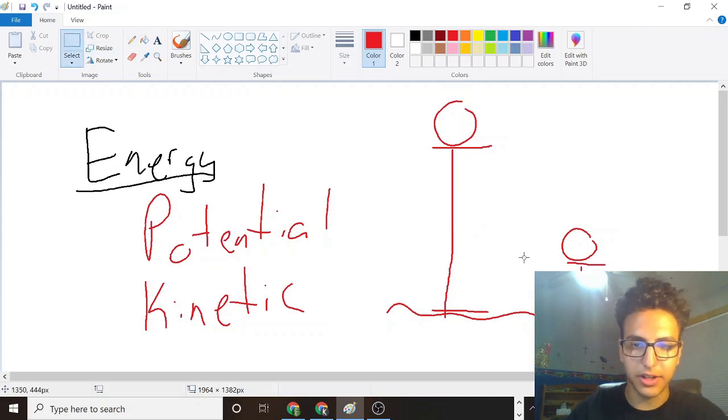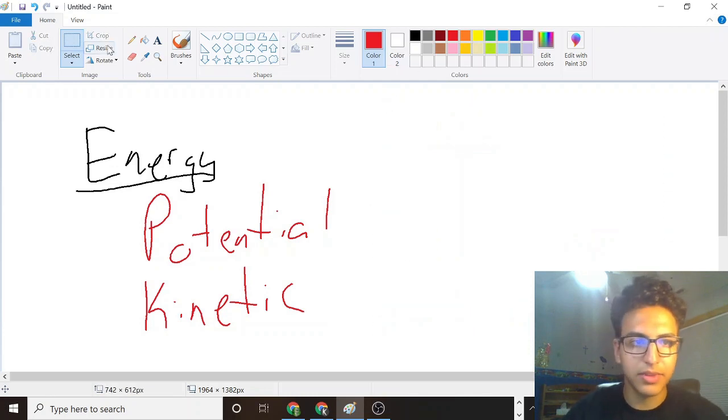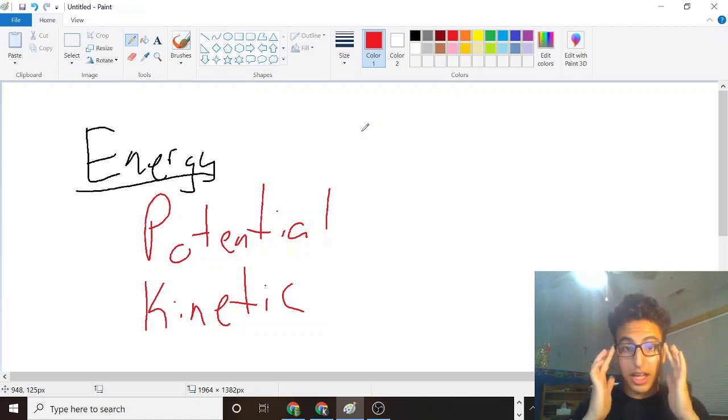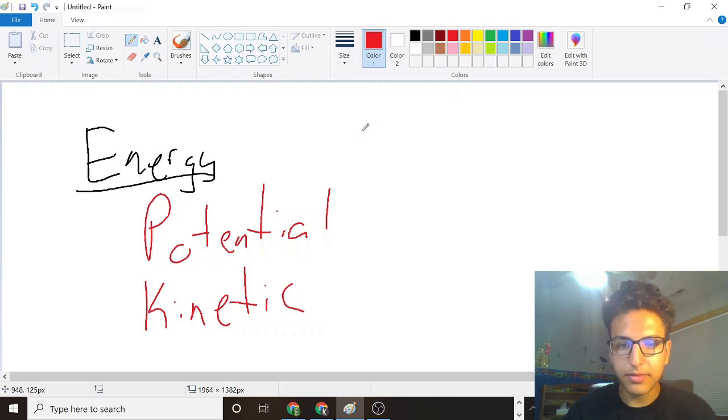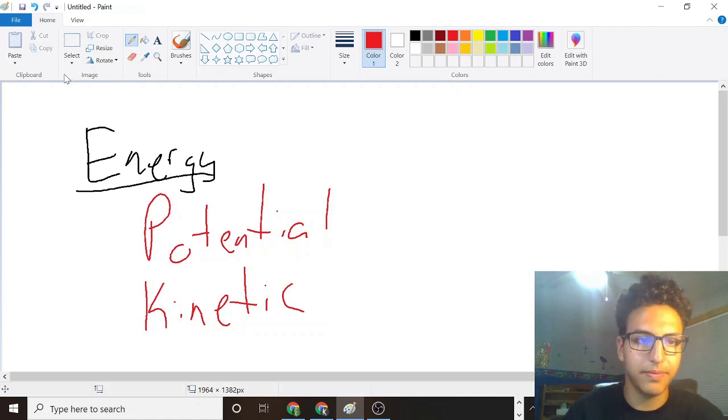So that's potential energy. What about kinetic energy? Well, kinetic energy is how much an object is moving, okay? So velocity and mass relate to it. So kinetic energy is the energy an object has due to its motion.